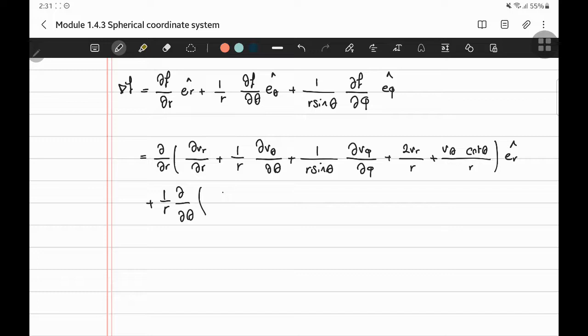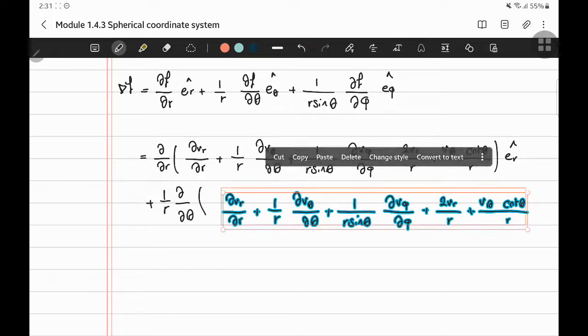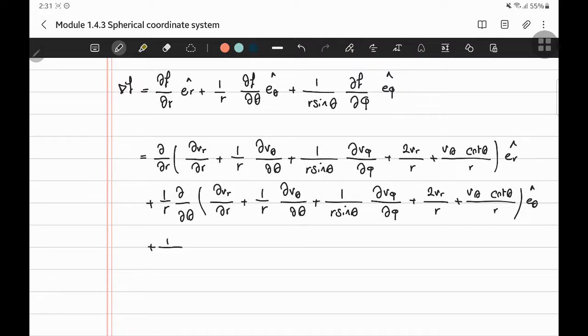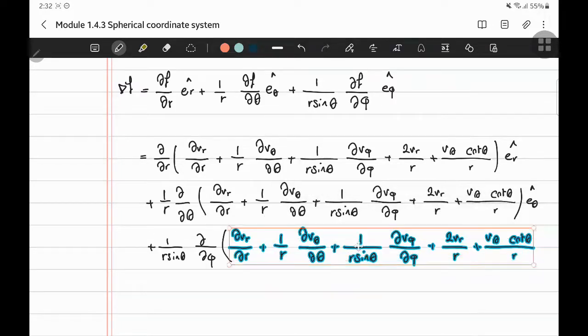I open up this parenthesis, then we have e theta plus 1 divided by r sine theta partial derivative of f with respect to phi. Open the parenthesis and then close it here. And this is e phi, of course.